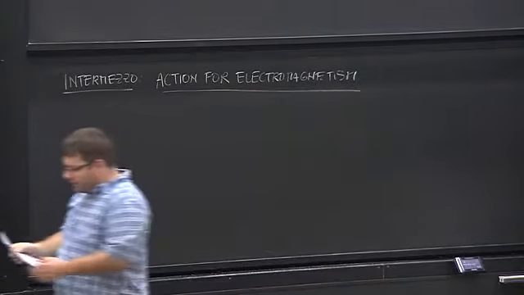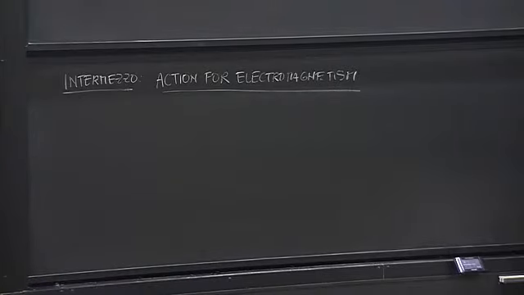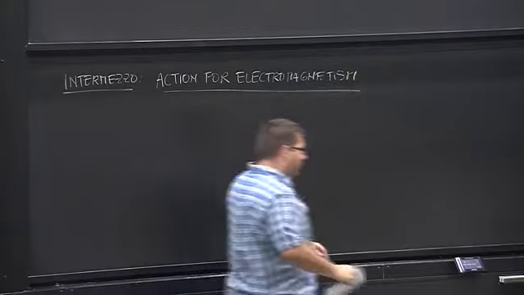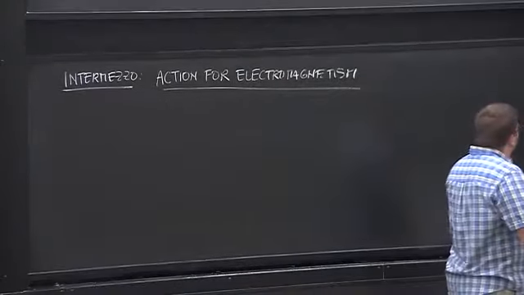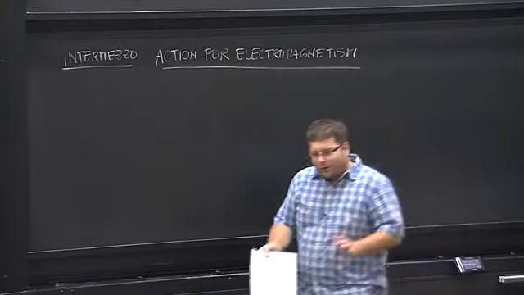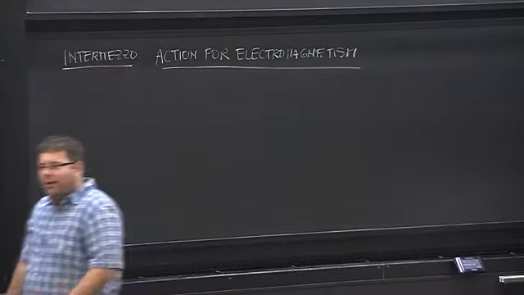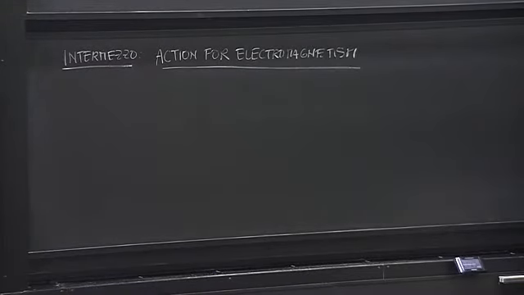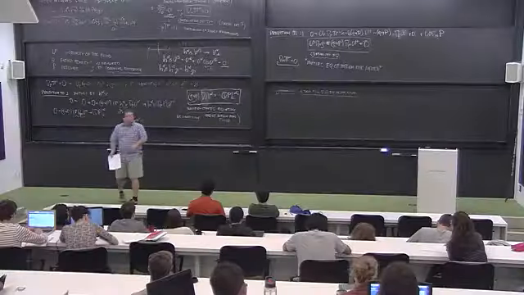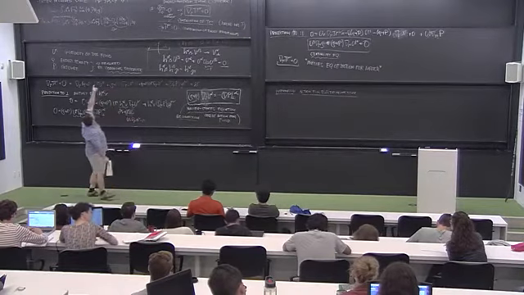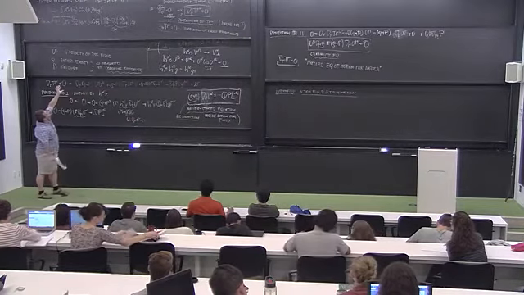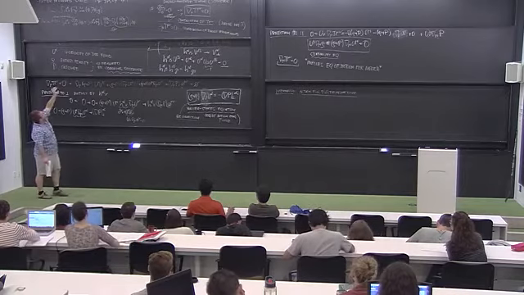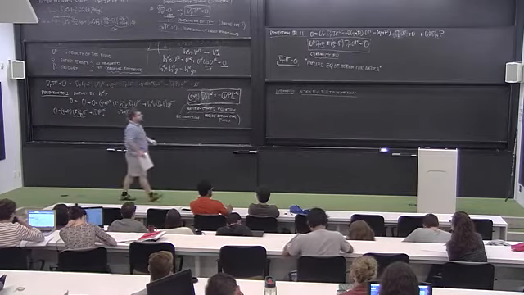All right, so let me start with something very, very simple. If I want to write down the action for the electromagnetic field, everybody knows the answer. But what I am trying to find is some scalar which would depend on my field and its first derivatives, precisely as happens over there. So I want to find an action which depends on A_μ and the derivative of A_μ.